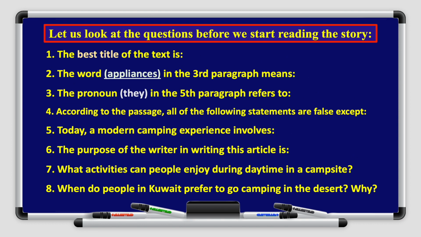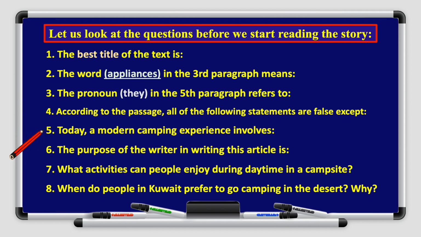Of course, like I just said, we're going to look at the questions before reading. I'm going to ask you questions like, what is the best title of the text? The word appliances in the 3rd paragraph means what exactly? The pronoun they in the 5th paragraph refers to what exactly? According to the passage, all of the following statements are false. So I'm going to give you lots of statements. All of them are false except for one that is true.